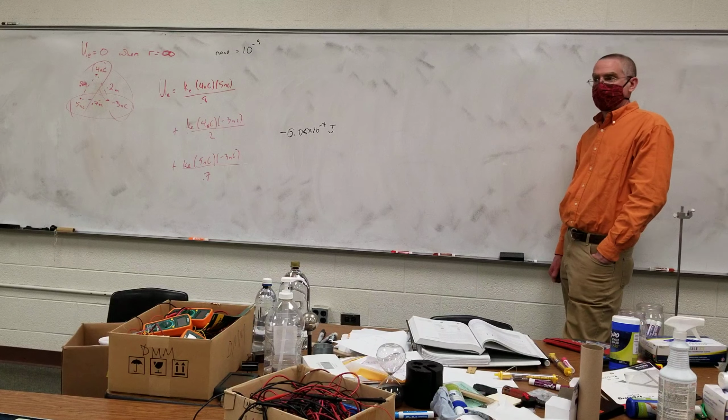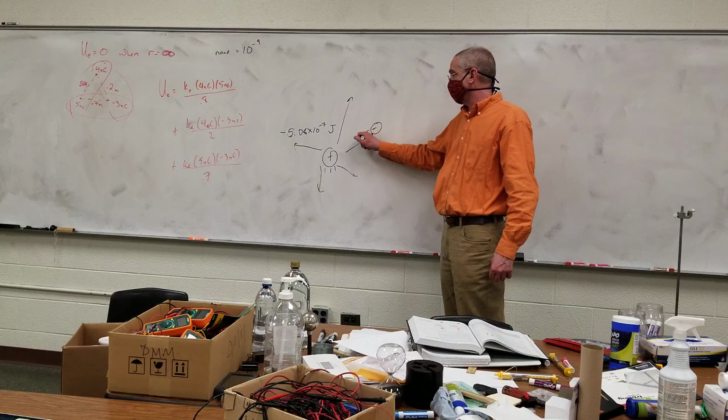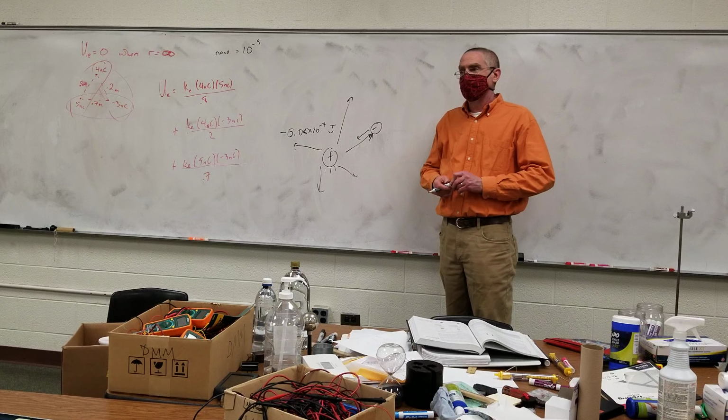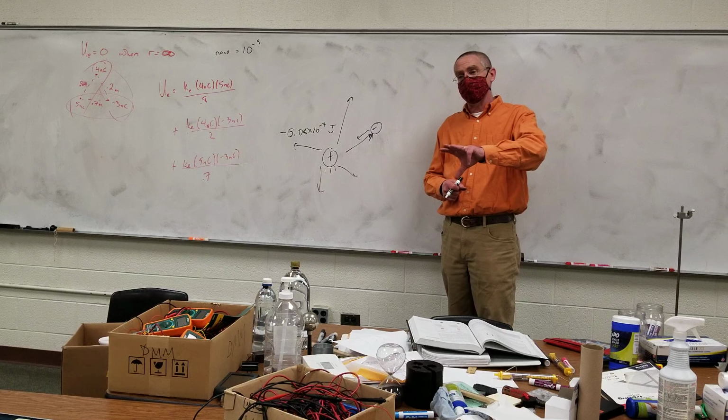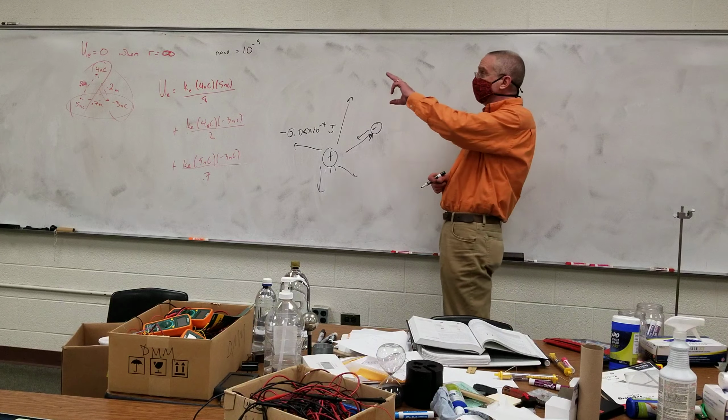From an electric field point of view, an electric field goes away from a positive charge, and if a negative charge is put into an electric field, it goes the opposite direction of the electric field, so it would go that way. So two explanations of the exact same phenomenon. We are about to do it a third way with electric potential energy.